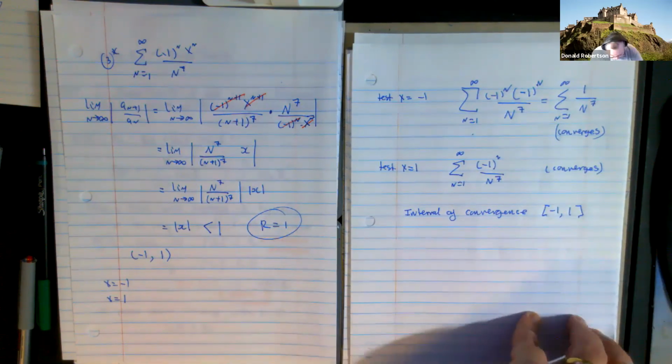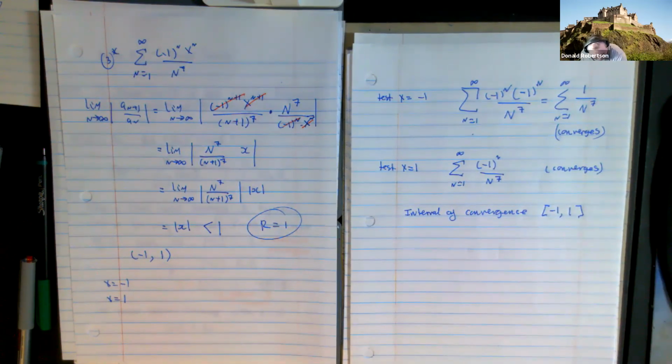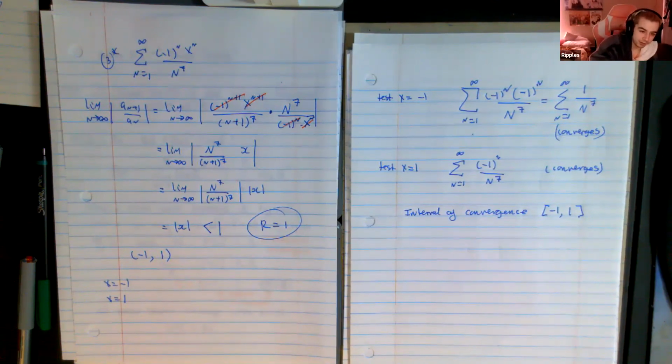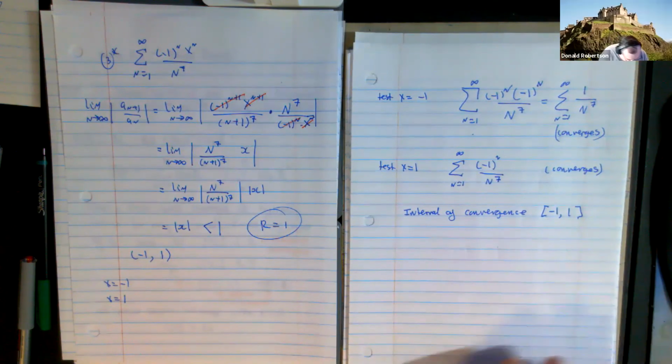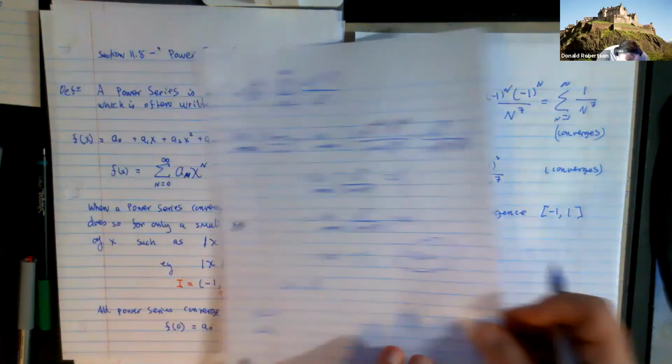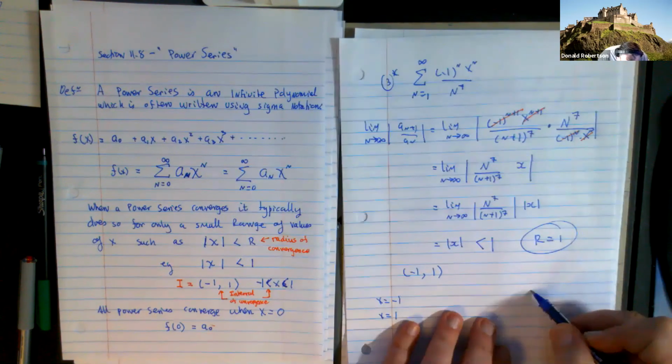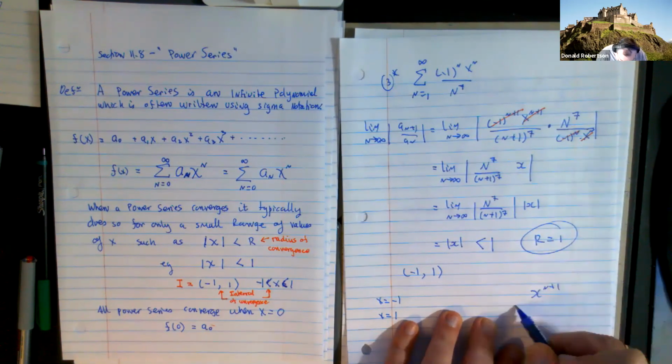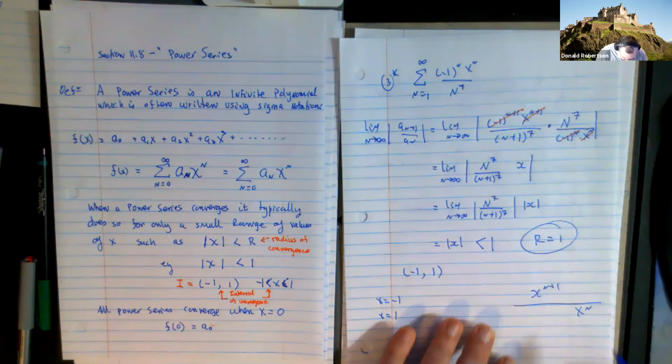Professor, are we good? Yes. I'm just confused about how we got x by itself when we were doing the... Oh, right, let me go back to here. Right, what we had on the top was an x to the n plus 1, and over here we had an x to the n.